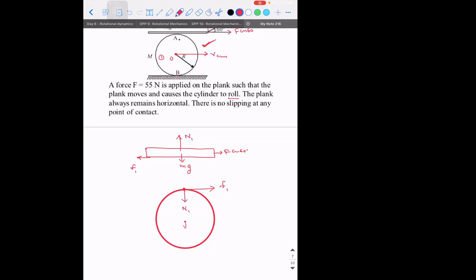And from the center of mass, the weight of this object, capital Mg, will act. The floor at the bottom will cause a normal reaction in the upward direction, right? So, due to the floor on the cylinder, since the velocity of the object is tending to be to the right, the floor will offer a friction on this object in which direction?